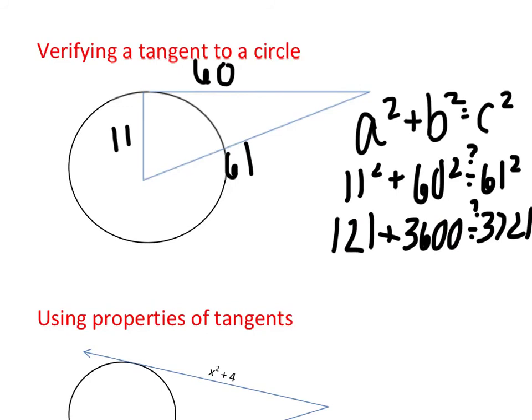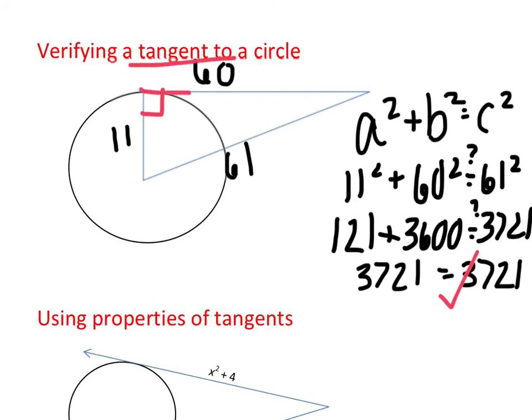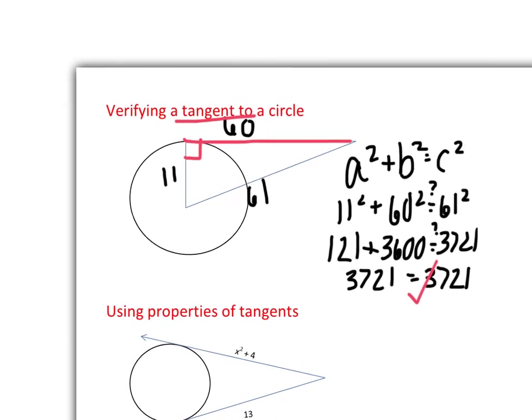Combine these like terms. 121 plus 3,600 equals 3,721. And yes, that is actually equal to 3,721. So because the Pythagorean theorem holds true, this is a right angle, meaning, yes, this segment is tangent to the circle. So you just need to verify using the converse of the Pythagorean theorem.